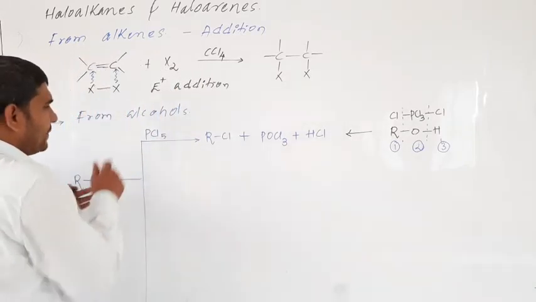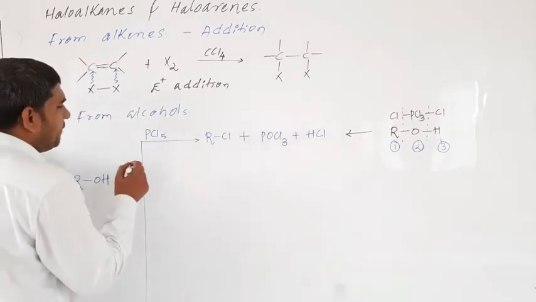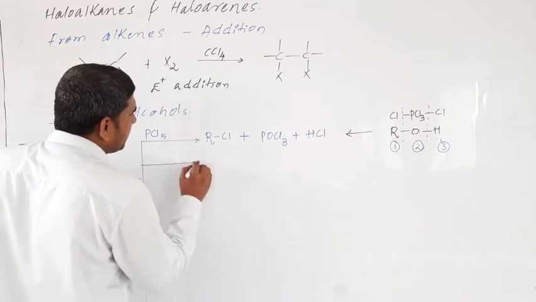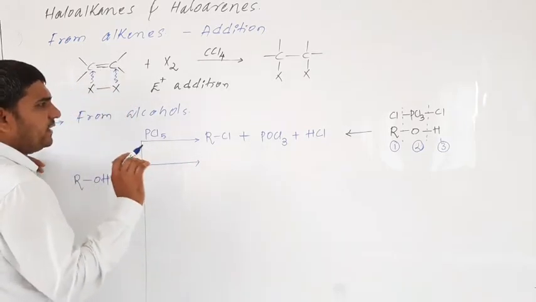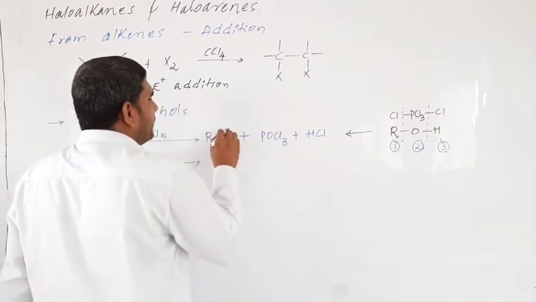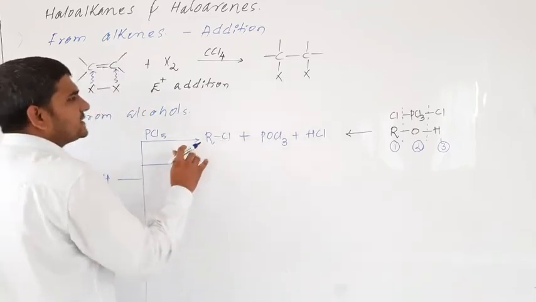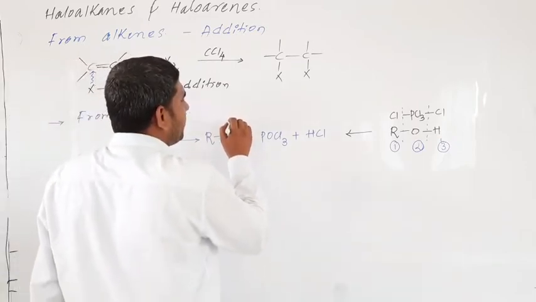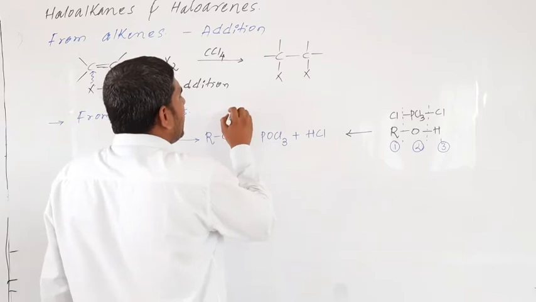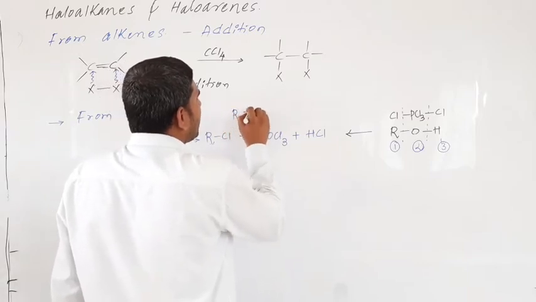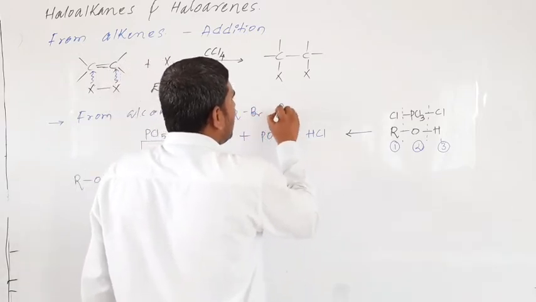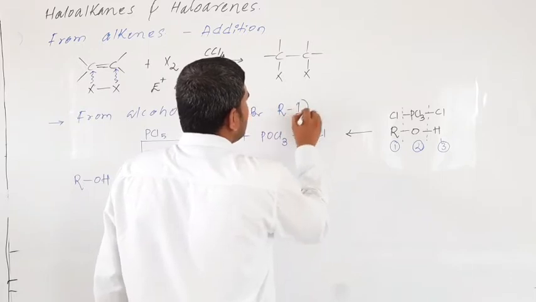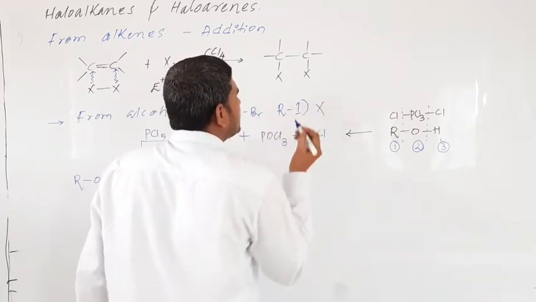Now this is PCl5, but by using this method, listen carefully, we can only prepare chloroalkanes, but we cannot prepare bromoalkanes and iodoalkanes. These two cannot be prepared by using this method. Why?